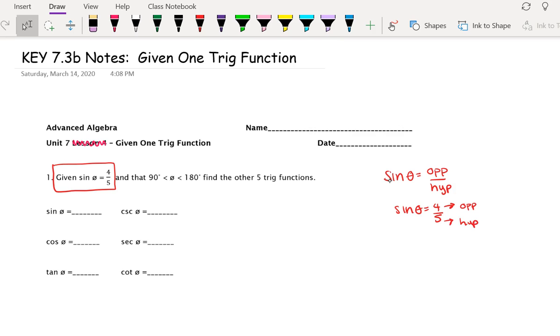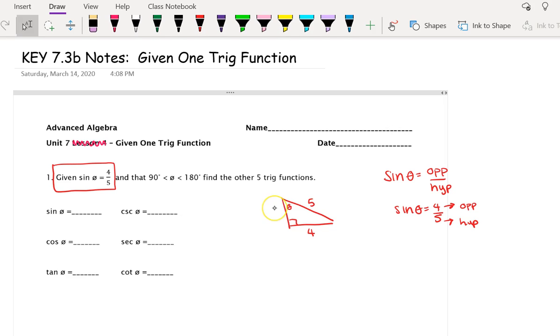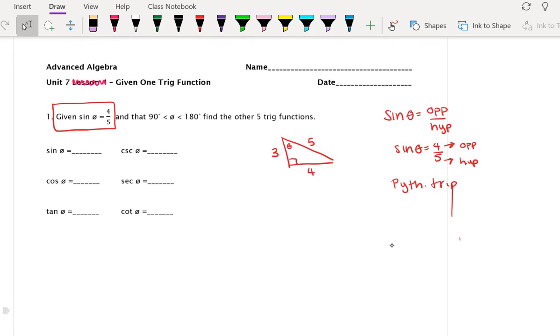If I draw a right triangle and give this angle to be theta, opposite is 4 and the hypotenuse is 5. Now that means the third side has to be 3 because this is a Pythagorean triple, a 3, 4, 5 triangle.